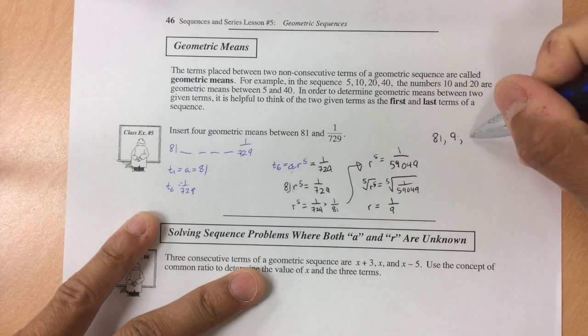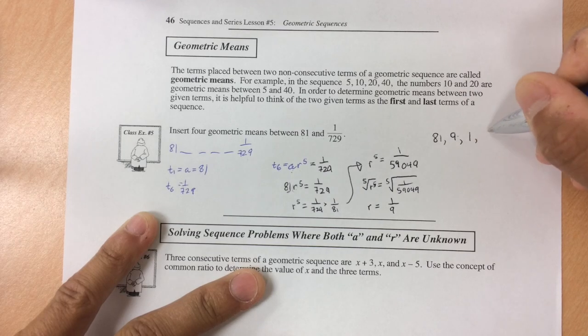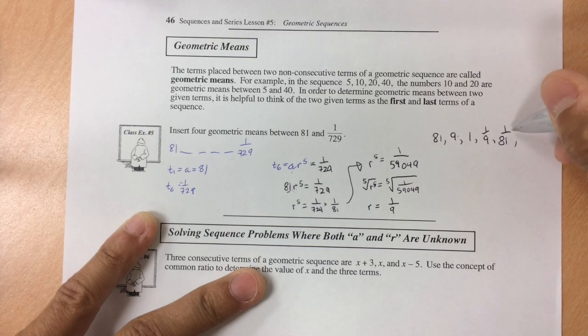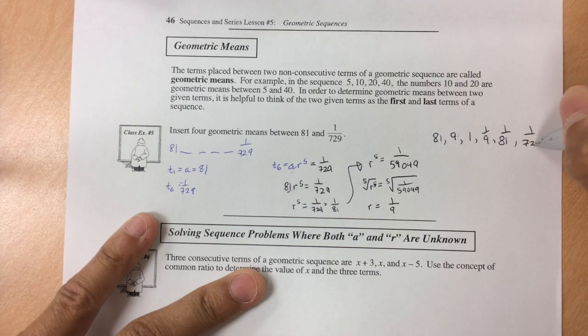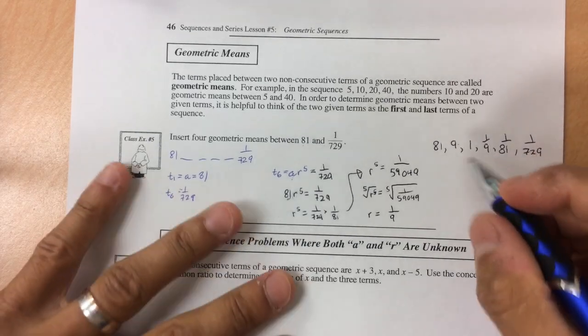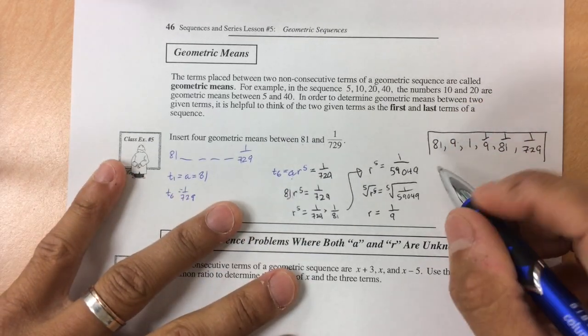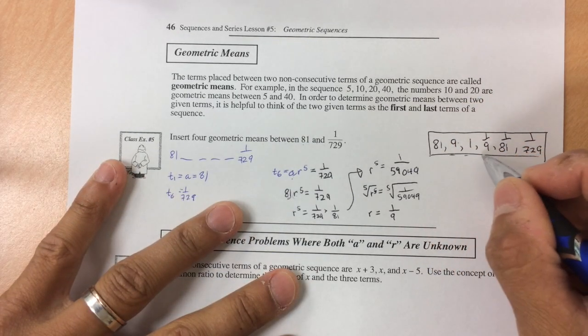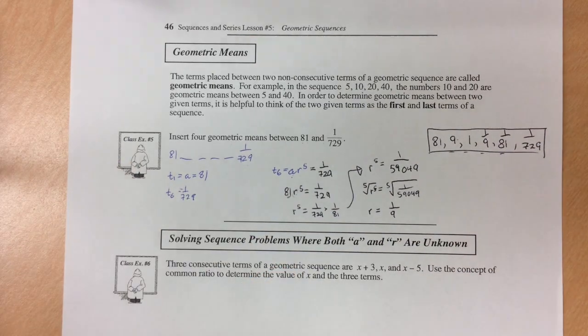Then 9 times 1/9 would be 1. 1 times 1/9 is 1/9. 1/9 times 1/9 is 1/81. And we already know our sixth term, but 1/81 times 1/9 is going to be 1/729. So those are our 4 geometric means in between 81 and 1/729.